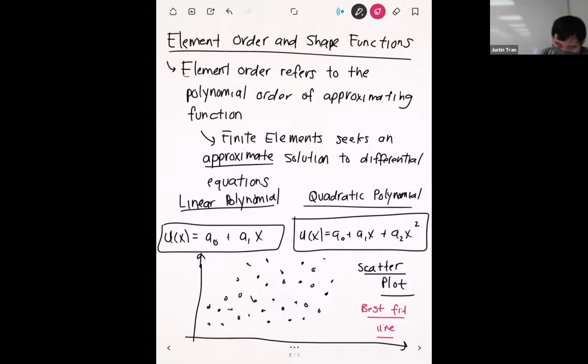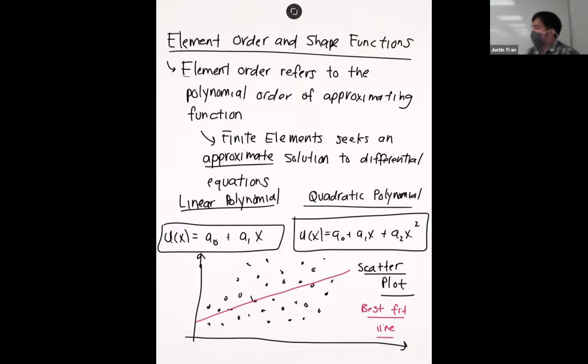Let's do a linear function first. Just randomly, maybe our best fit linear line might look something like that. And if you're ever curious about how Excel does this, they use a process called least squares.